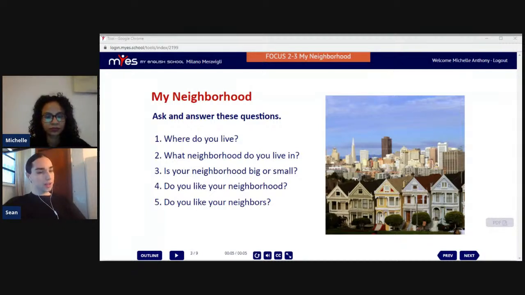Four, do you like your neighborhood? Five, do you like your neighbors? A neighborhood is the area you live in, the community in the city. A neighbor is the person, or neighbors, the people who live next to you.